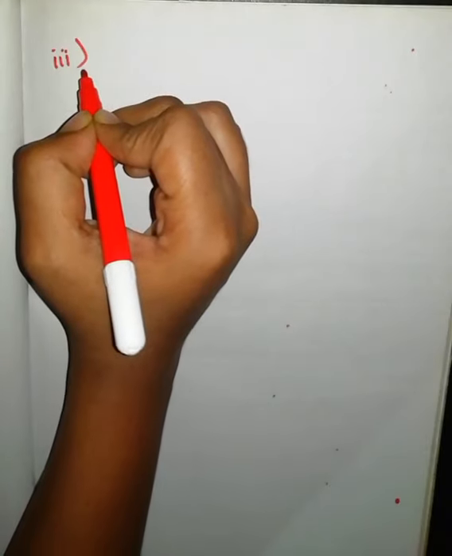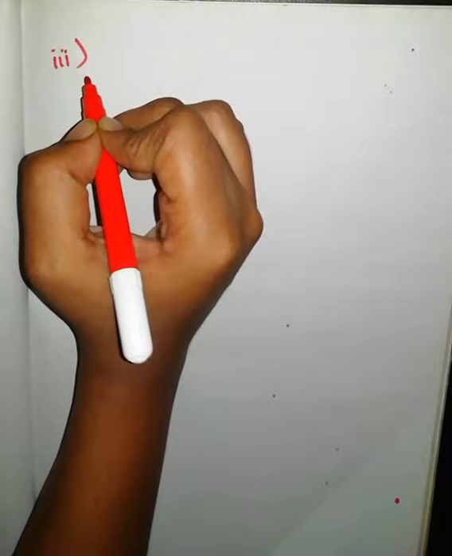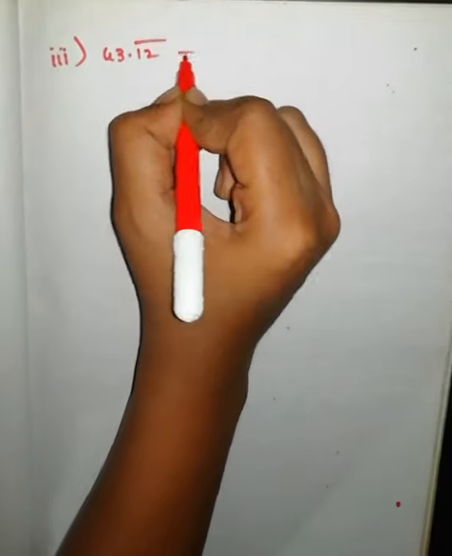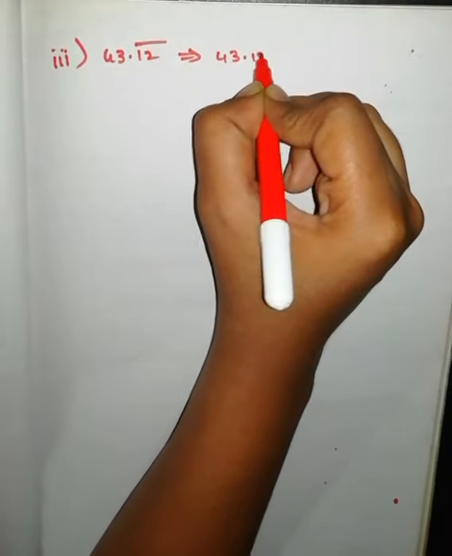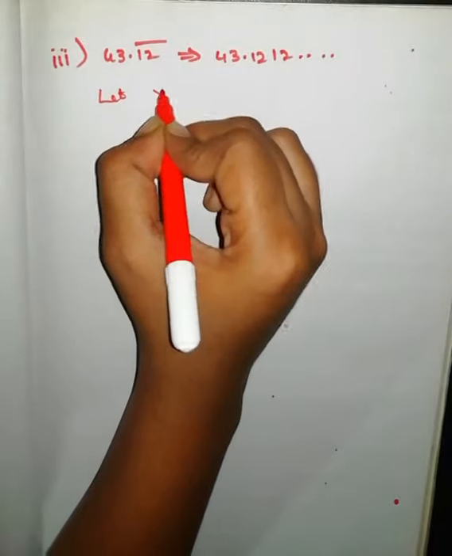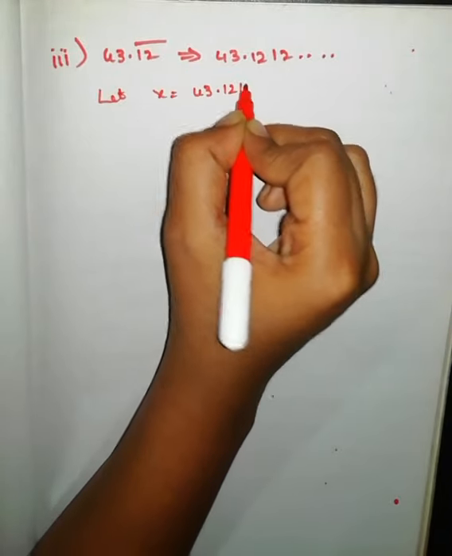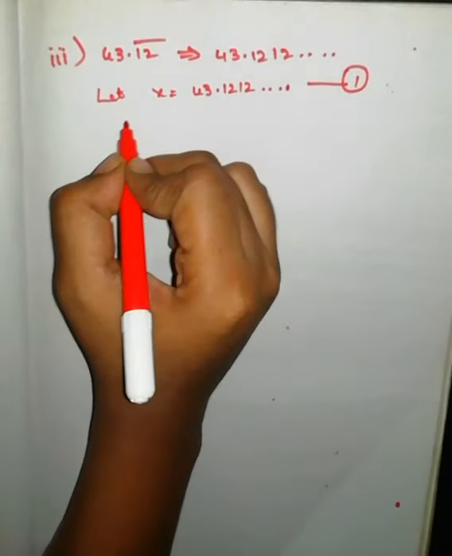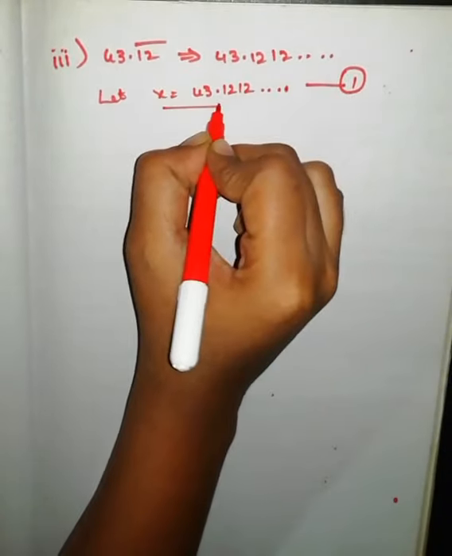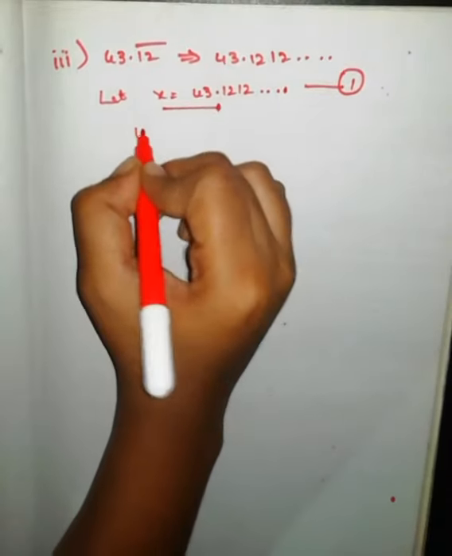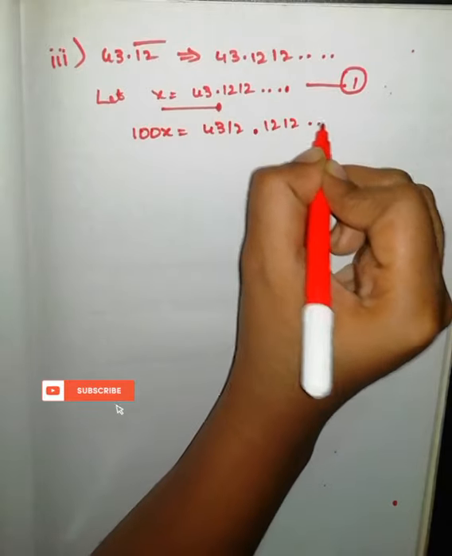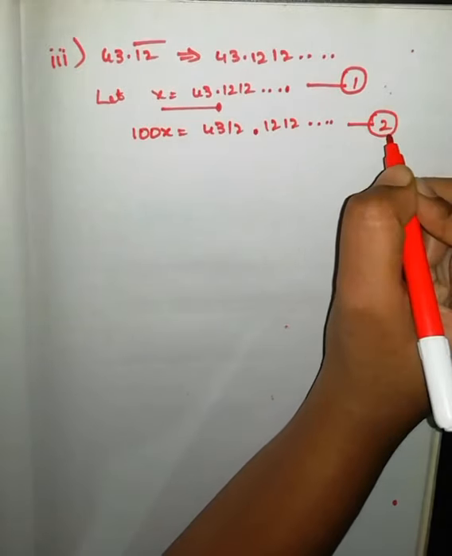Now let's solve the third question from this sum, which is 43.12 bar. That implies it will be 43.1212 and so on. Now let x be 43.1212 and so on. Let this be the first equation. Now by multiplying both sides by 100, we get 100x is equal to 4312.1212 and so on. Let this be the second equation.